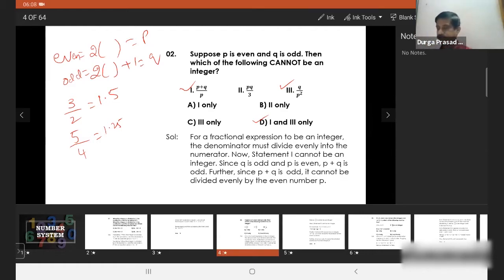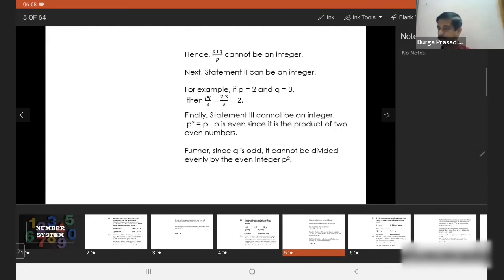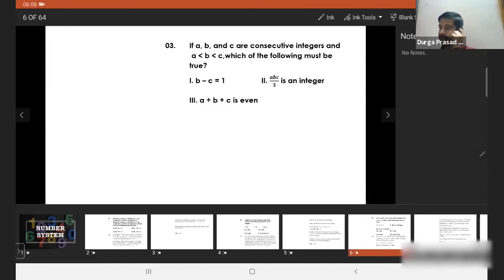Yeah, let us go to the next question. So now look at this. A, B and C are consecutive integers. Consecutive means what? I can say n. Now let us see which is bigger and which is smaller. C is largest of all.